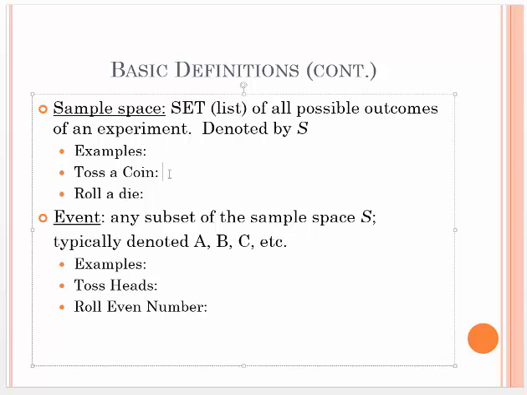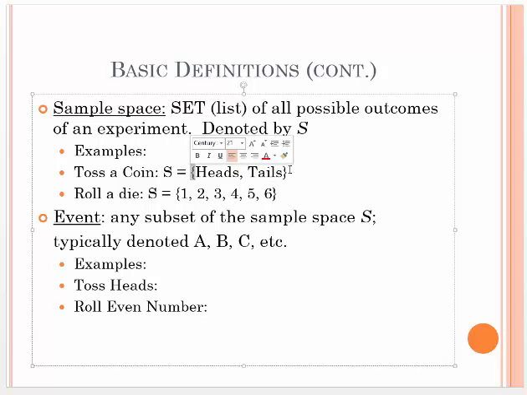If you toss a coin, the sample space could be heads or tails, because those are the two possible outcomes for a coin. If you roll a die, the sample space is the numbers 1, 2, 3, 4, 5, or 6. We use these curly braces because it's a set, so we use set notation and list all the possible things that could happen.